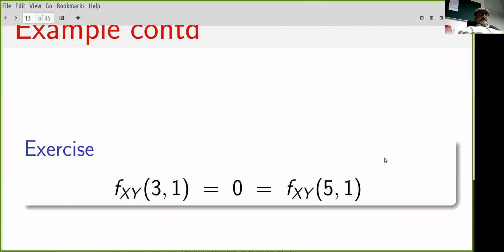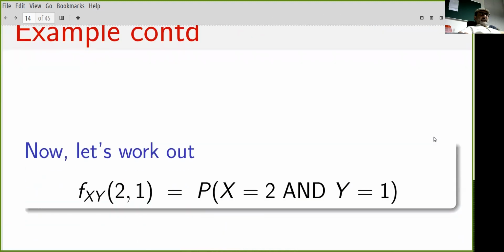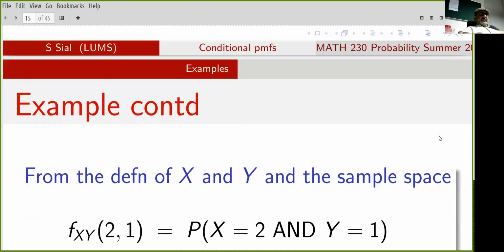Using the same reasoning, you should be able to show that the joint PMF evaluated at X equals 3 and Y equals 1, and at X equals 5 and Y equals 1, are both also 0. Now let's work out the joint PMF at X equals 2 and Y equals 1. That's the probability that X equals 2 and at the same time Y equals 1.